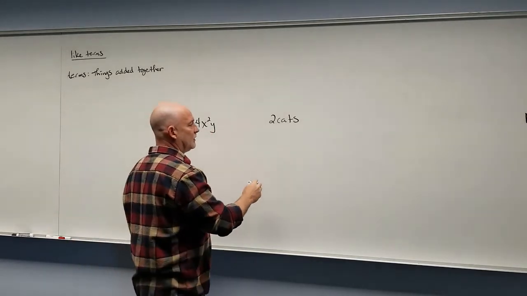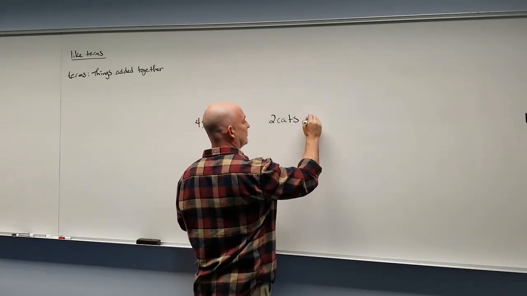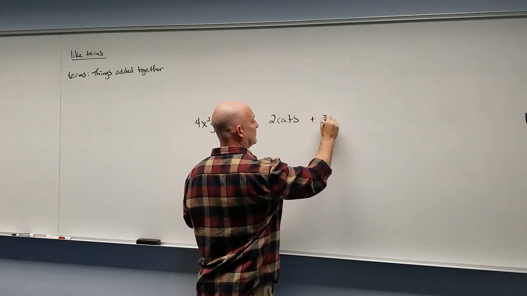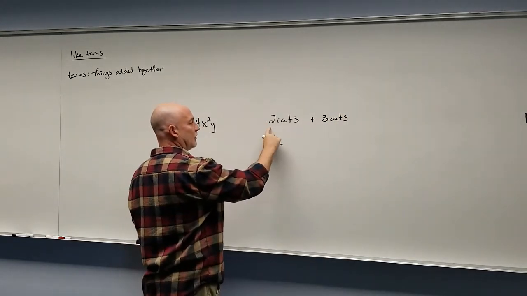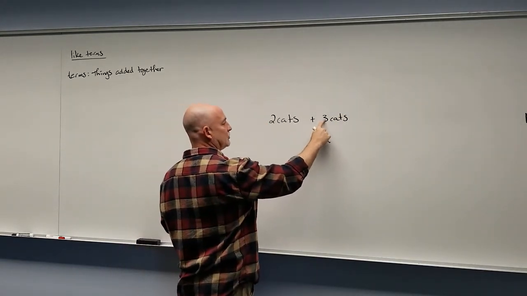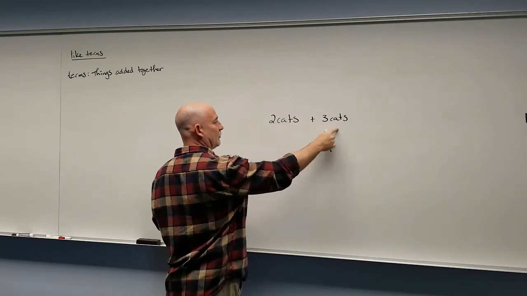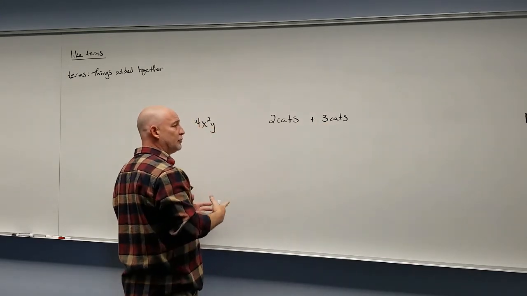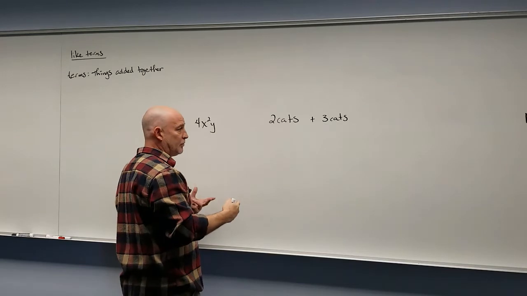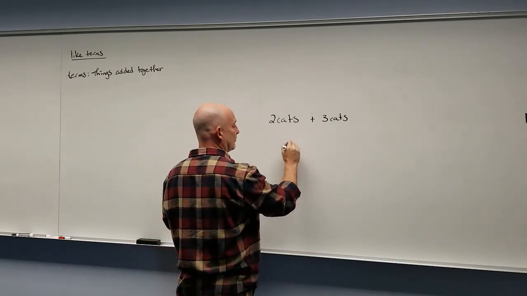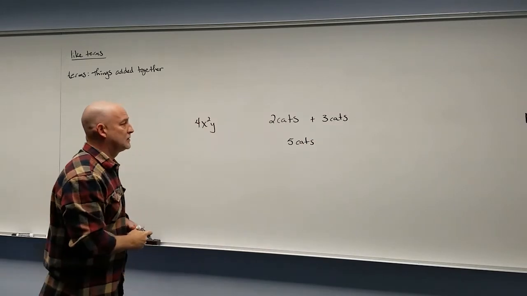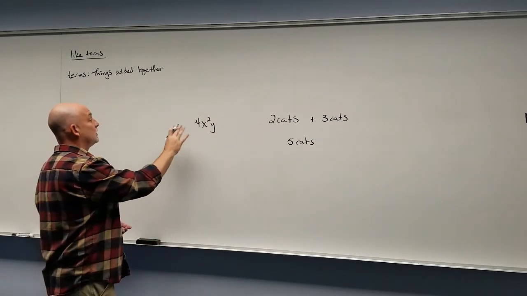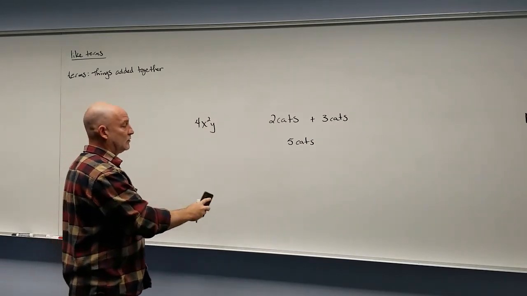So if we're talking about combining like terms, or what are like terms, if I have 2 cats and 3 cats, the number out front tells us how many we have. Here we have 2 of them, over here we have 3 of them, they're both cats, which means we should be able to put them together into one pile. Here I have 2, there I have 3, so I have a total of 5, and those things were cats. The same thing works over here when we have things that we're not used to seeing.